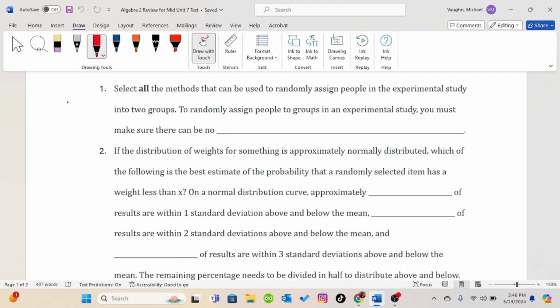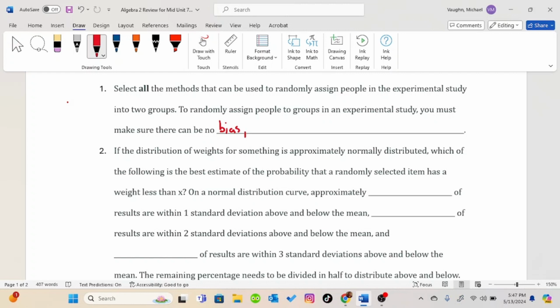So number 1, you're going to be told to select all the methods that can be used to randomly assign people in the experimental study they talk about into two groups. What you need to understand is that to randomly assign people to groups in an experimental study, you must make sure there can be no bias.